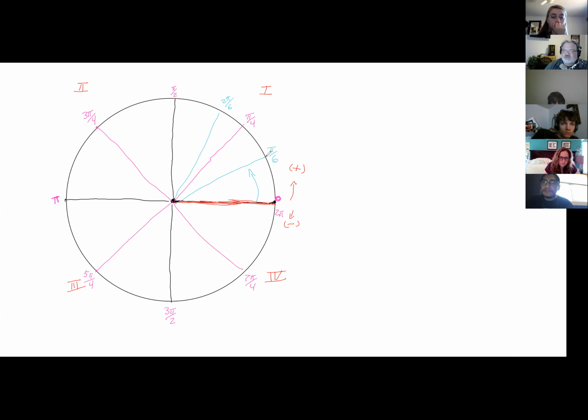But 1 pi over 6 radians, 2 pi over 6, 3 pi over 6, which reduces, 4 pi over 6 radians, 5 pi over 6 radians, 6 pi over 6, which would reduce to pi, 7 pi over 6 radians, 8 pi over 6 radians, which will reduce, 9 pi over 6 would reduce to 3 pi over 2, 10 pi over 6 radians, and 11 pi over 6 radians allows us to count the pi over 6s all the way around.